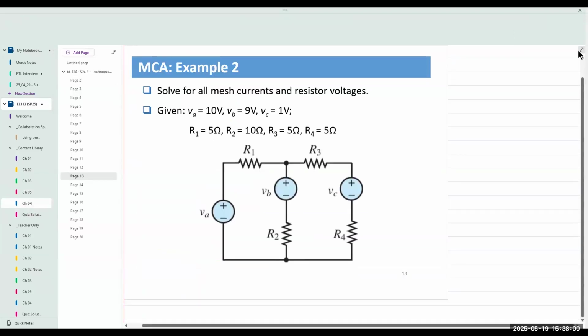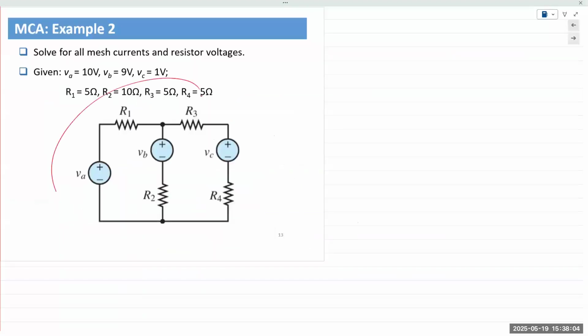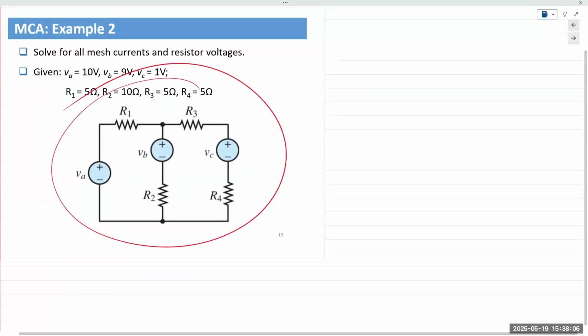In the time we have left, I want to finish up the example 2 using mesh current analysis.